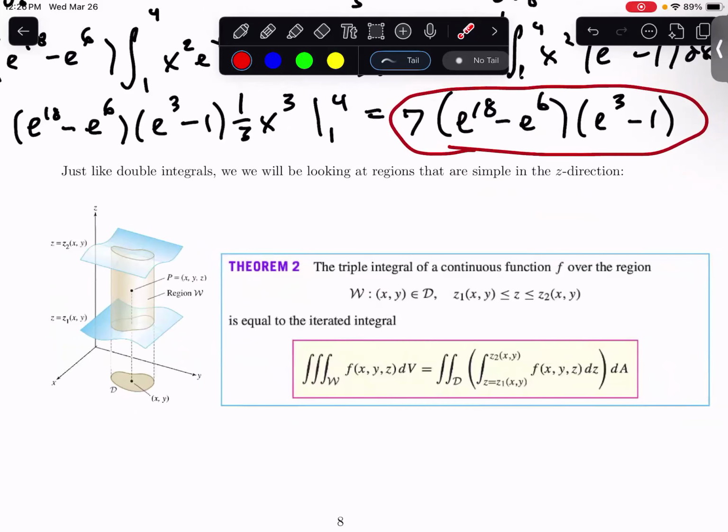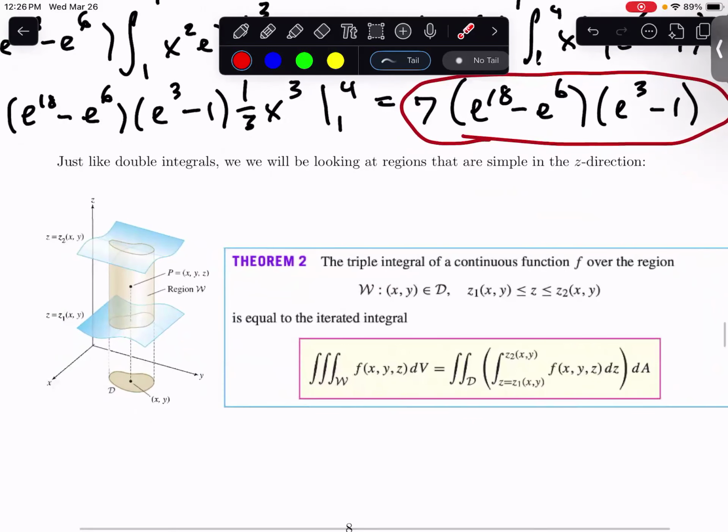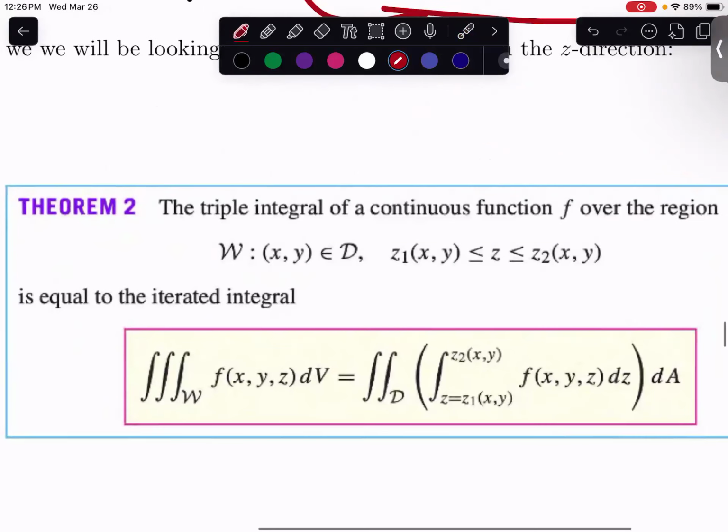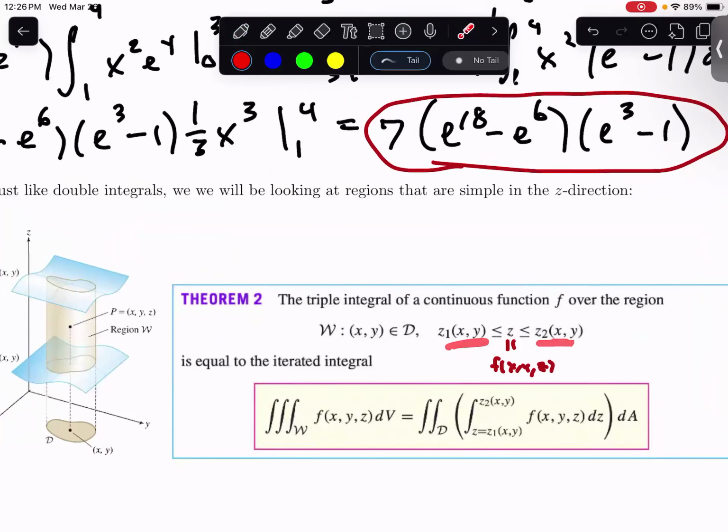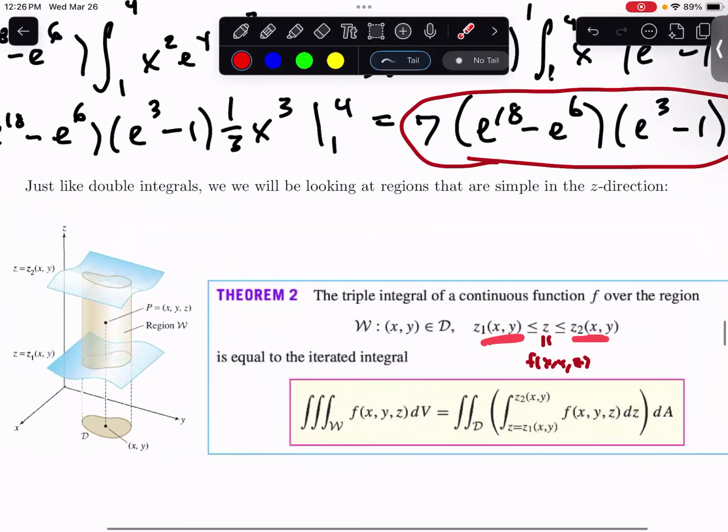So what does it mean for a region to be Z simple? It just means that z, maybe I should write that out, so we're assuming z is bounded between two functions, like in this picture. So this is our z1 and this is our z2.